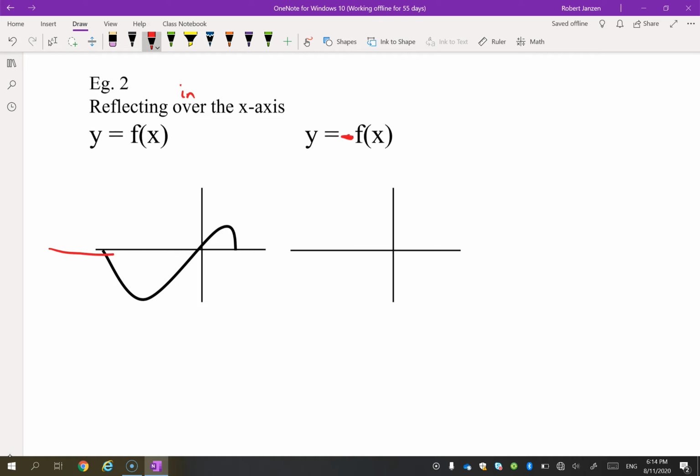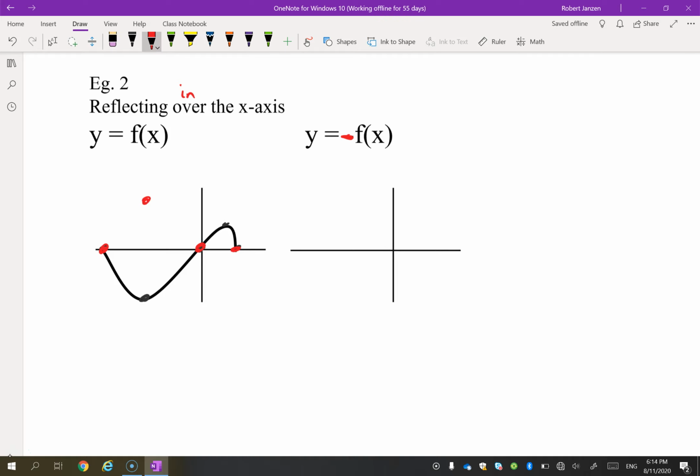So over this x-axis. Okay, and so what you're going to do is, some of you will be able to visualize this really nicely, but I visualize a couple of points, and I'm going to flip those points over the x-axis. So this one would stay, this one would stay, this one would stay, but this one would go over the x-axis and it would end up over here.